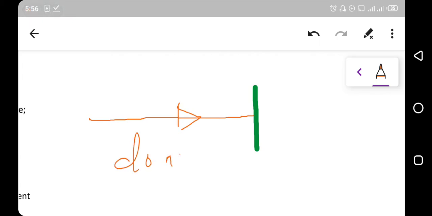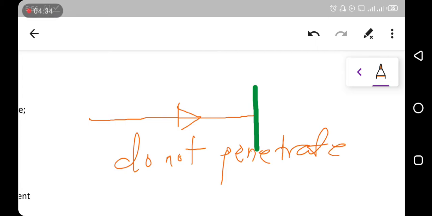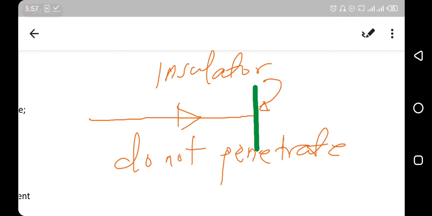So insulators are those materials which do not allow the passage of electric current through them. So these are the insulators.